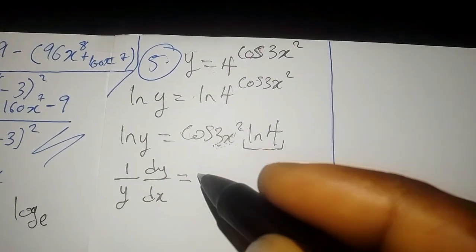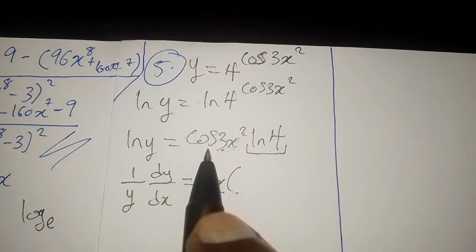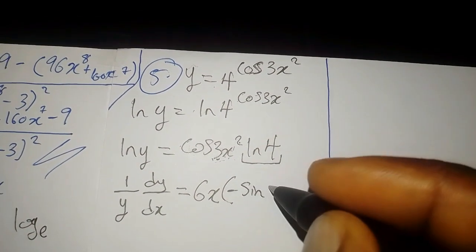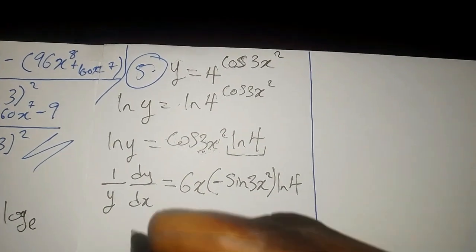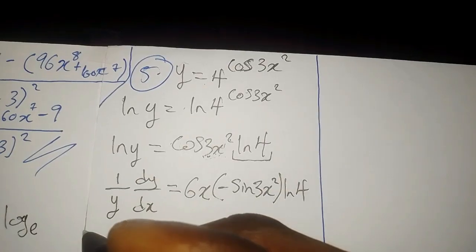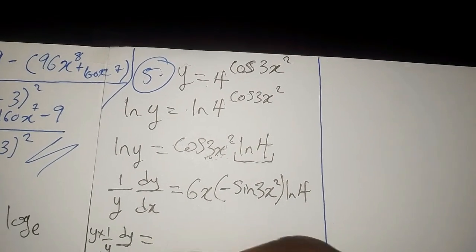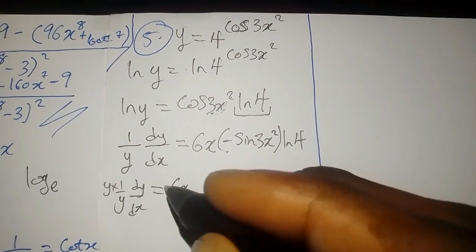That's minus sine 3x square ln 4, and that then equals what? This y I have to take away. That I can say y times 1 over y dy/dx is then equal to minus 6x sine 3x square ln 4 multiplied by y.